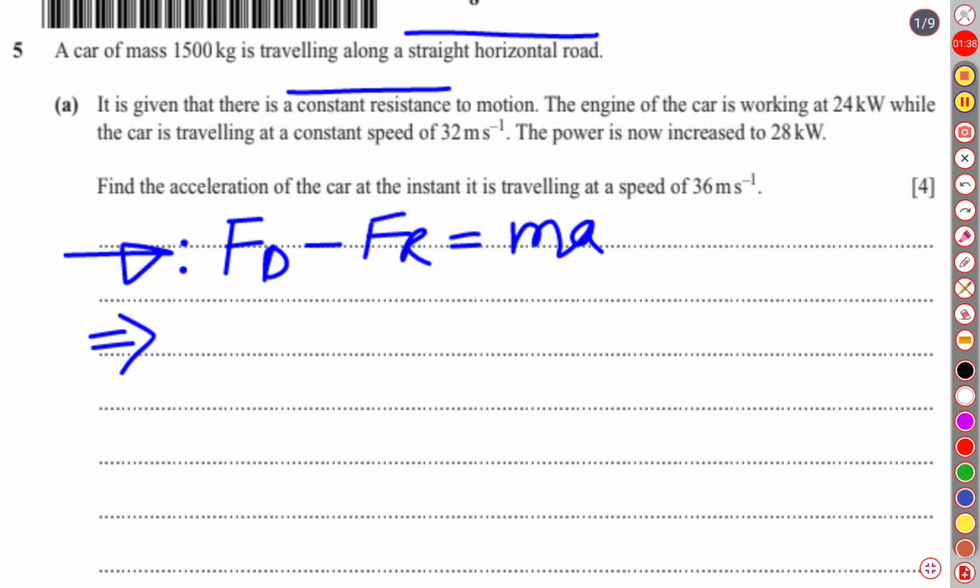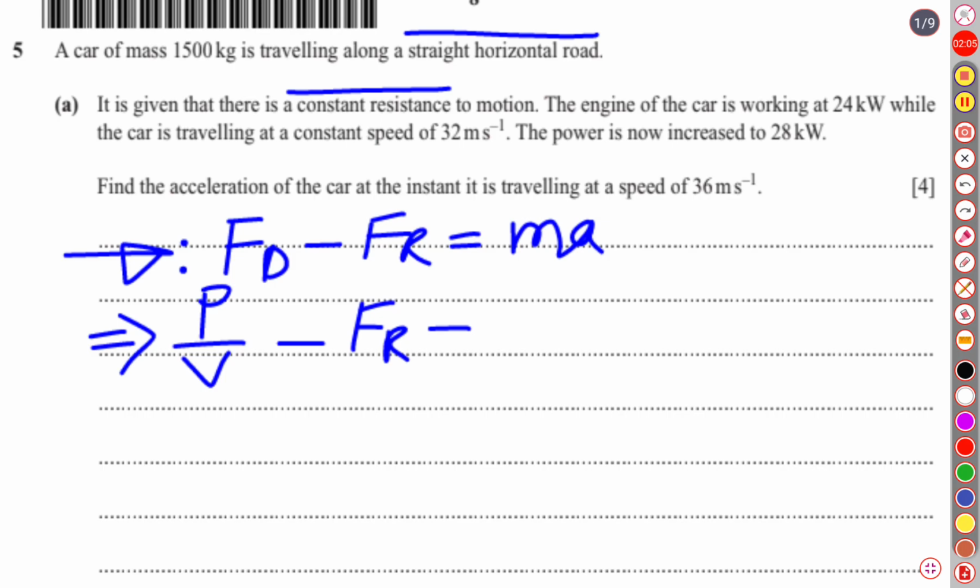So driving force, we know, driving force means power over velocity, minus resistance, which is constant, so it will remain unchanged. And we are not ignoring the weight also, because sometimes students ask why we are ignoring the resistance caused due to weight.